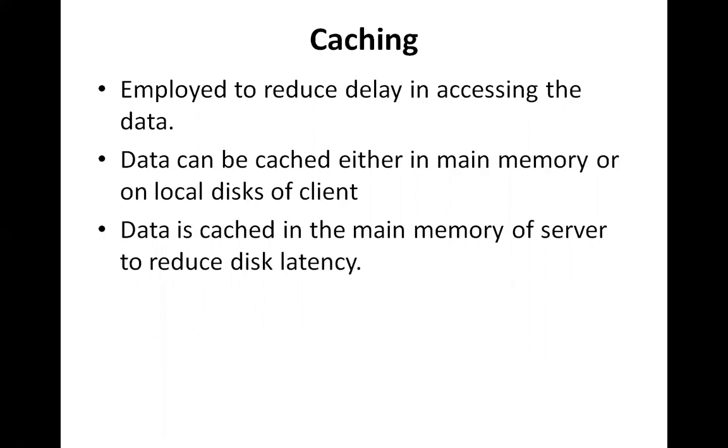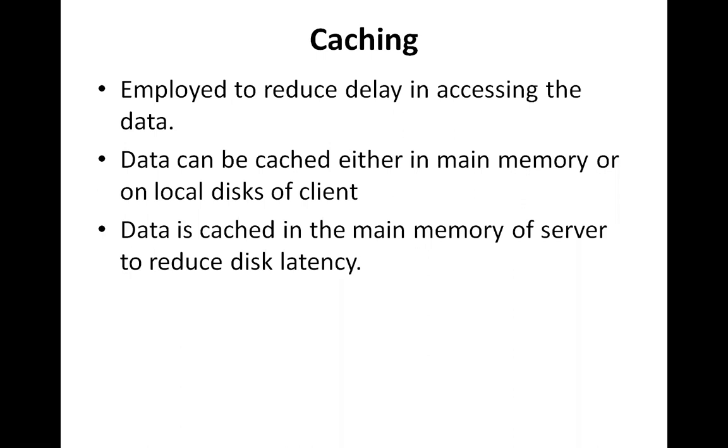Now, caching is normally going to exploit the temporal locality of reference, which is exhibited by different programs. And this temporal locality of reference refers to the fact that a file recently accessed is likely to be accessed again and again in the near future. So whenever we are caching, the data can be cached either in the main memory or on the local disk.